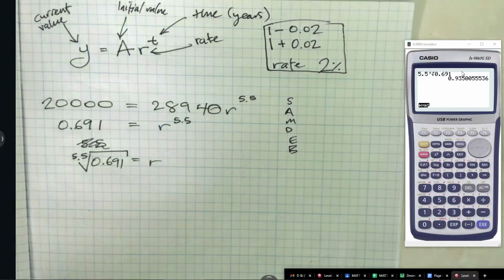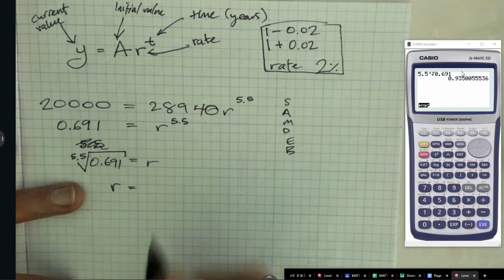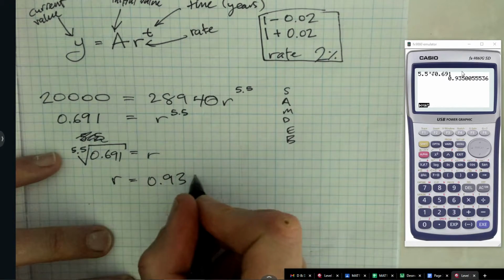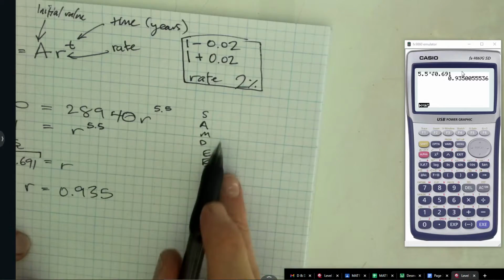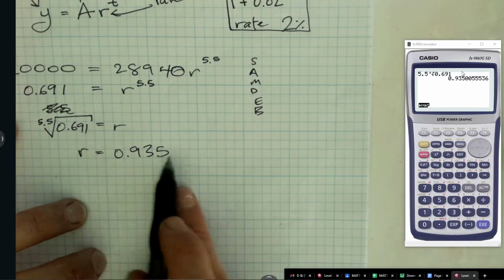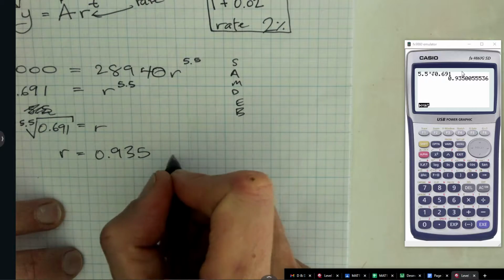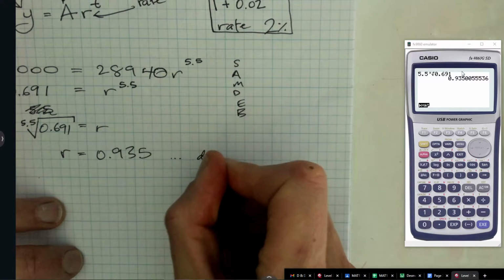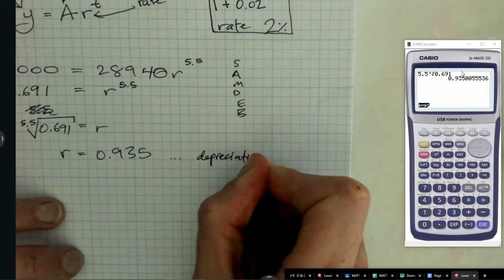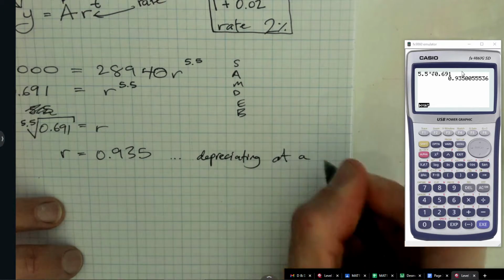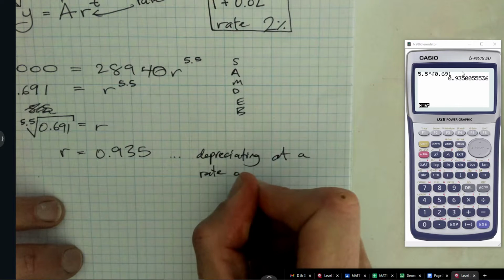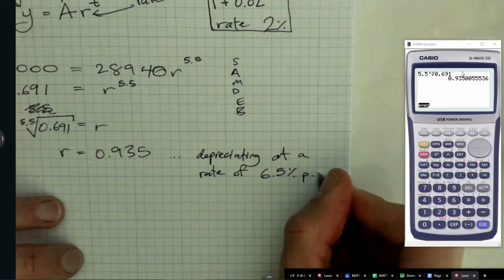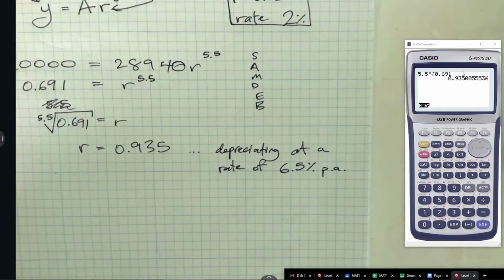Okay, so r equals 0.935. If we were using this percentage thing, we could say it's depreciating at a rate of 6.5% per annum, and that's compounding.